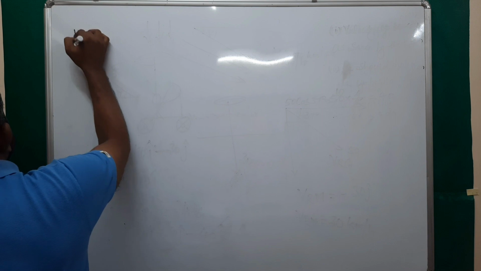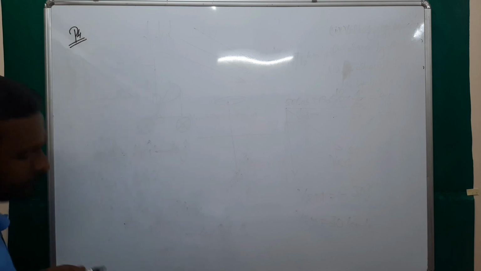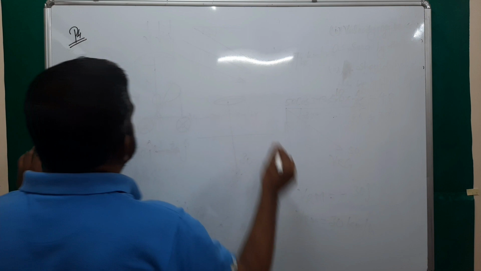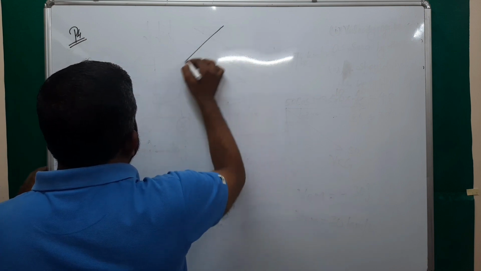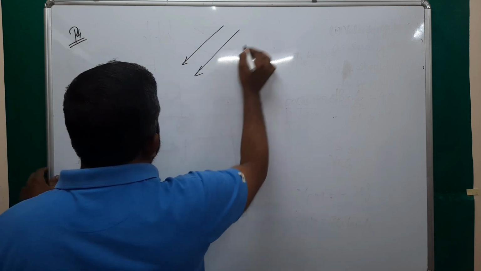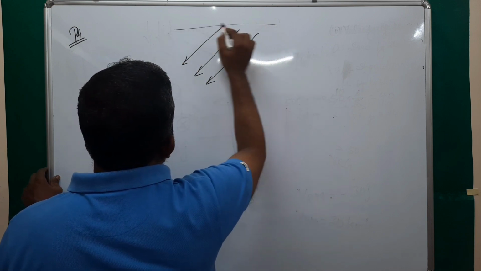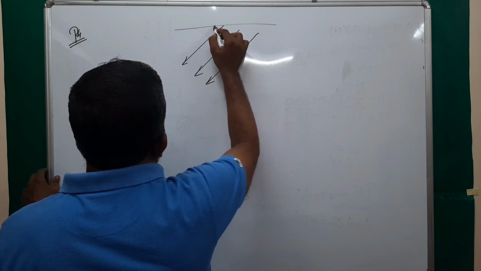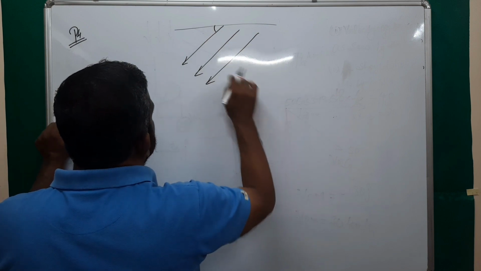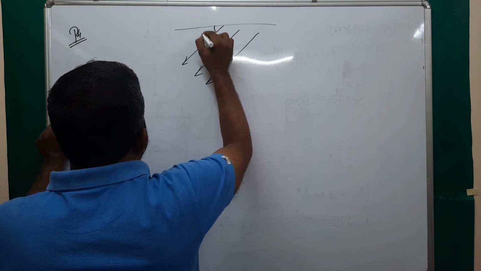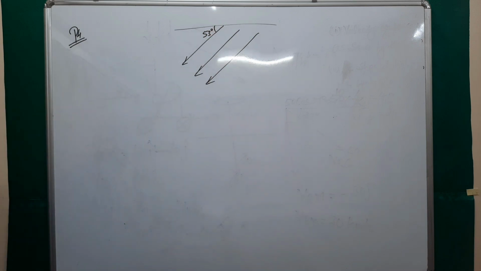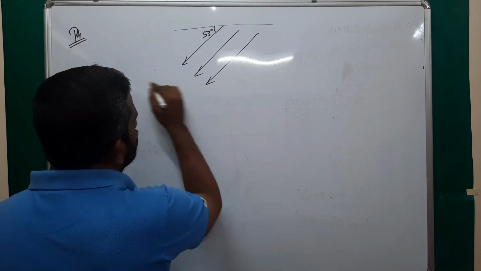So, fourth problem. Rain is falling in this direction, making an angle of 53 degrees, with a speed of 50 km per hour.